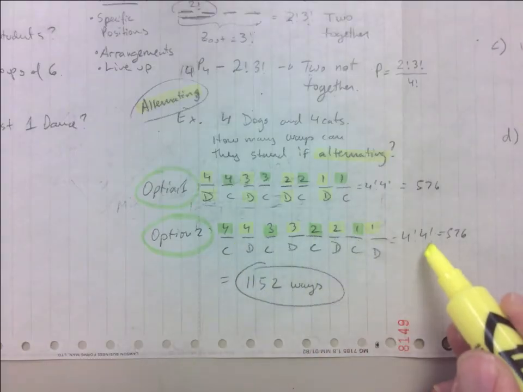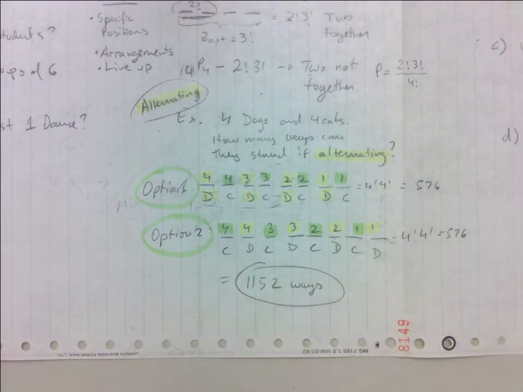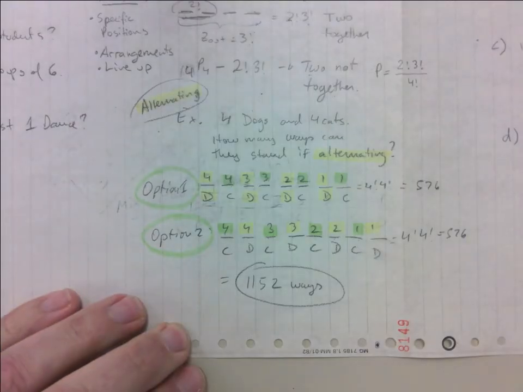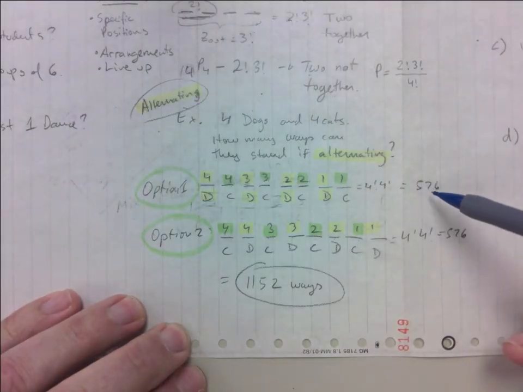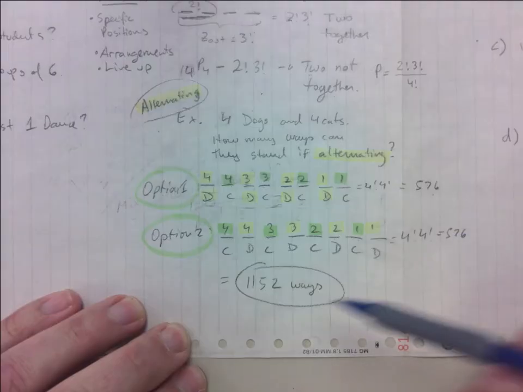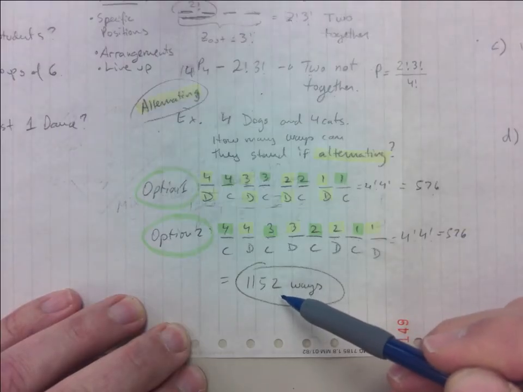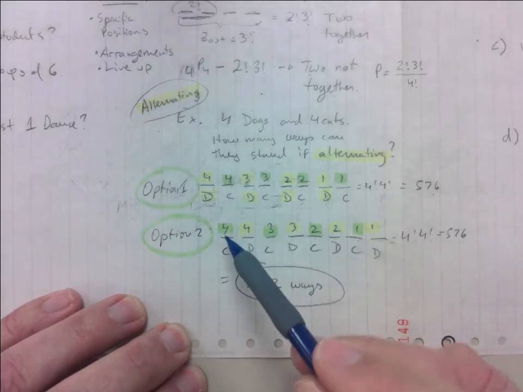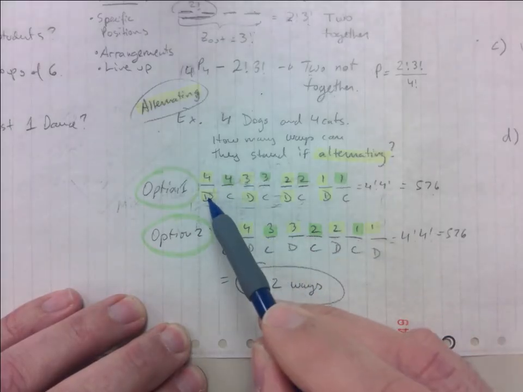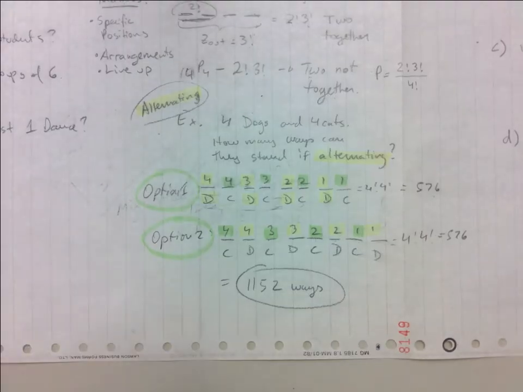And if you think about it, it's still 4 factorial times 4 factorial. So in this case, to get the full marks, you would have to add these two up and say there's this many ways. Because think about it, starting with cats versus dogs is a completely different setup. It is a different picture. Okay, so that is what I wanted to add for pictures or arrangements where order matters.